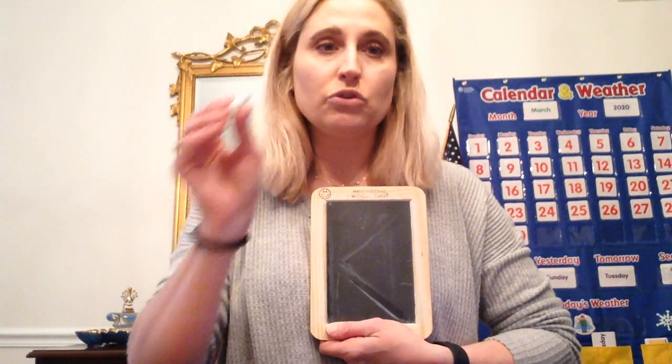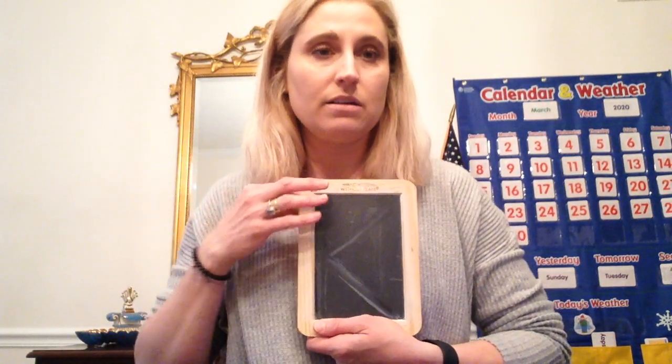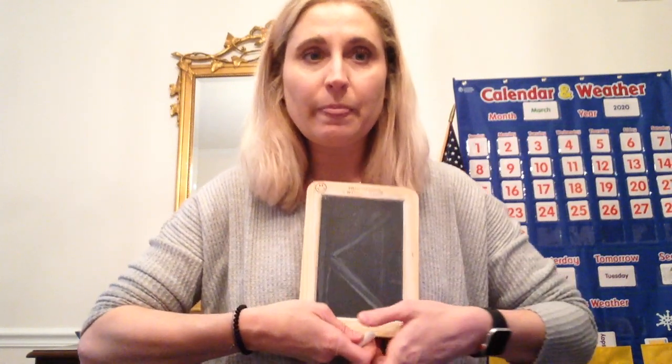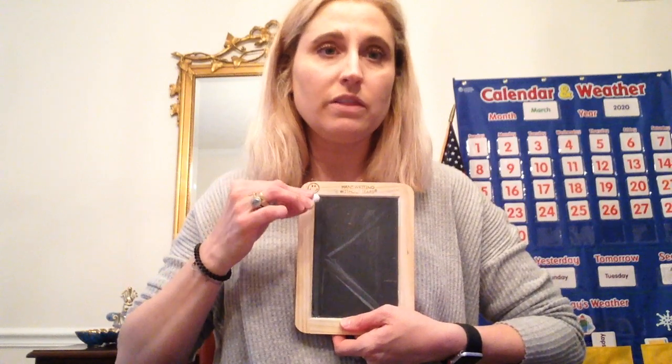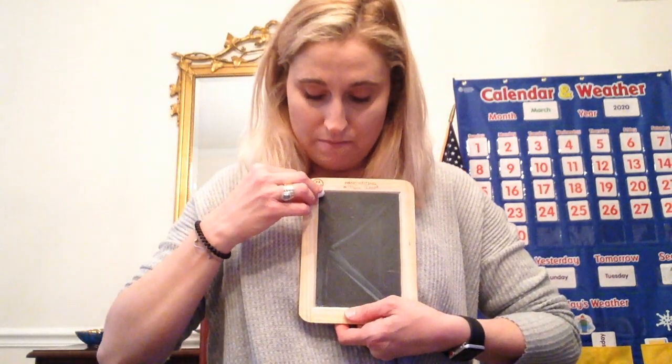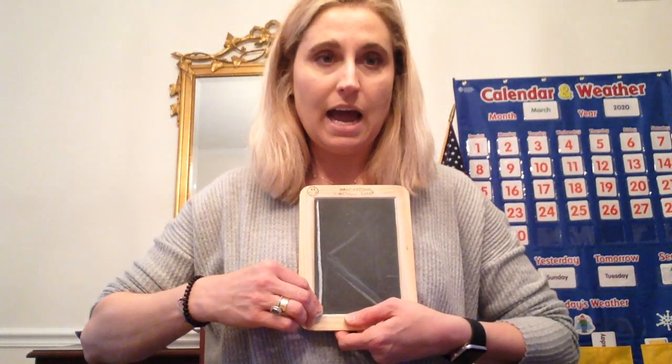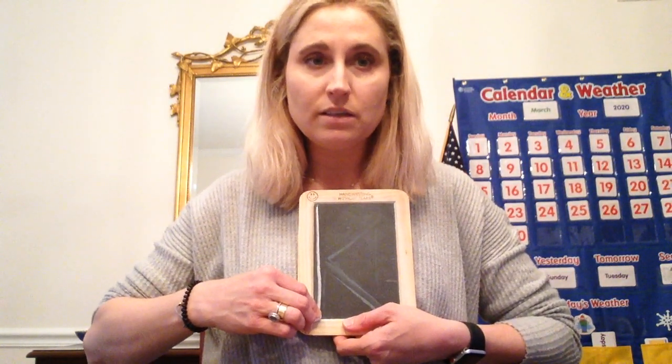And now it's time to try writing my letter K. And to do that, where do I start my letter? Good job. We always start at the top. So I'm going to go straight down, and then what am I going to do next?